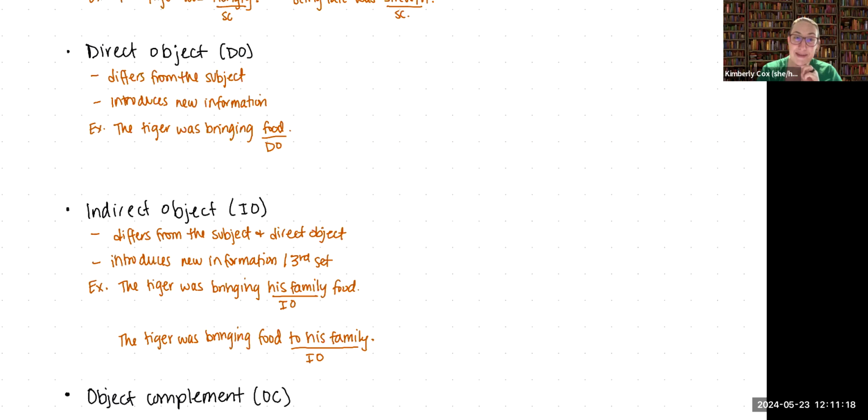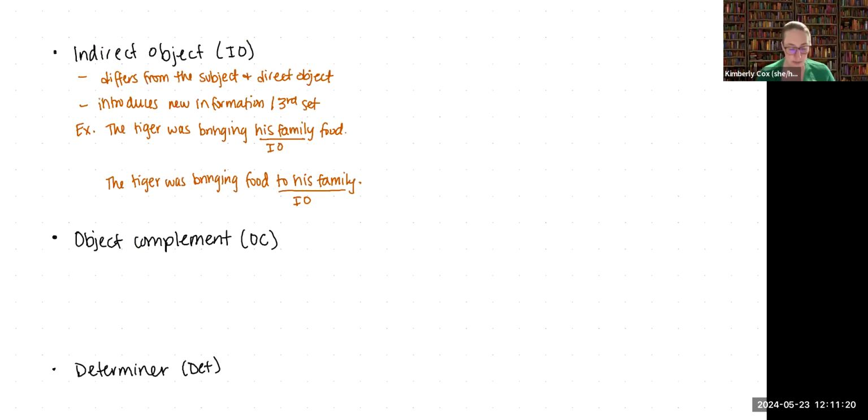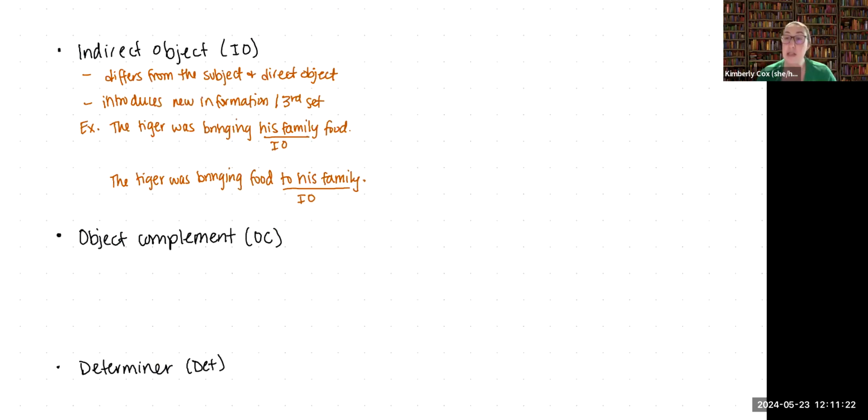So next up is something that's a little bit similar to the subject complement, but it's called an object complement. And what an object complement does is restates or elaborates on the direct object. So instead of doing it with a subject, now we're just doing it with a direct object.